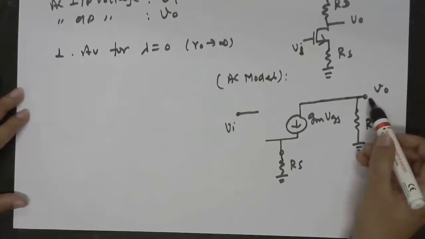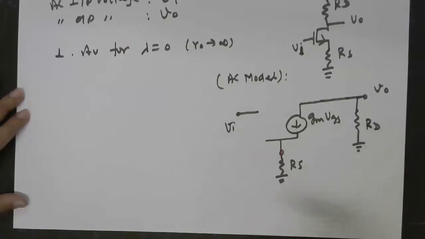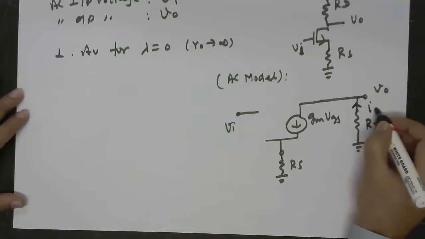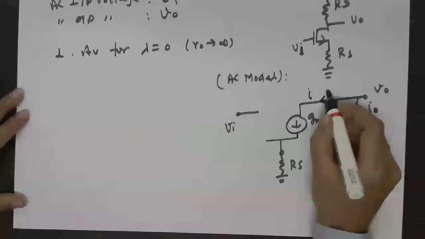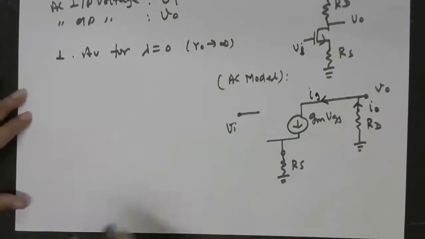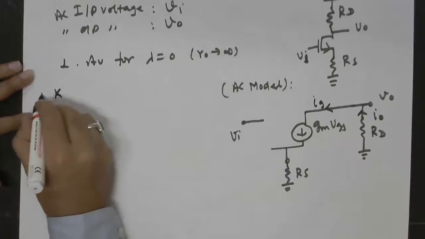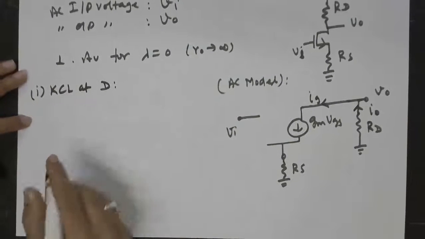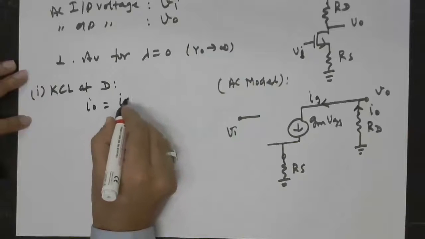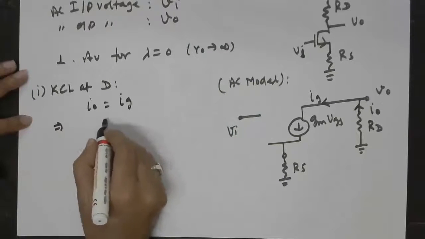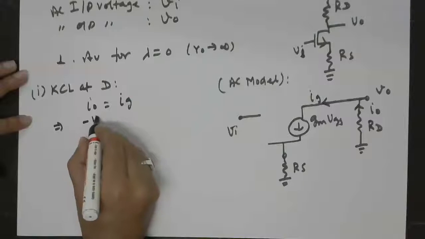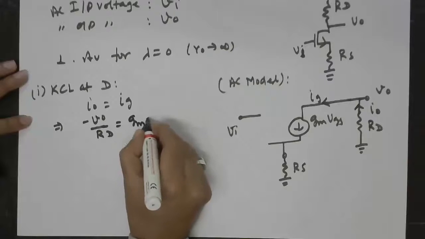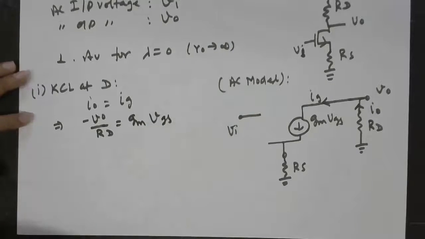So in this circuit, we have to find out the ratio of output to input. So we can assume or label these currents. So this is IO and this is say IG. So we first apply KCL at drain, where we get IO is equal to IG. So this gives minus VO by RD equal to GM VGS.